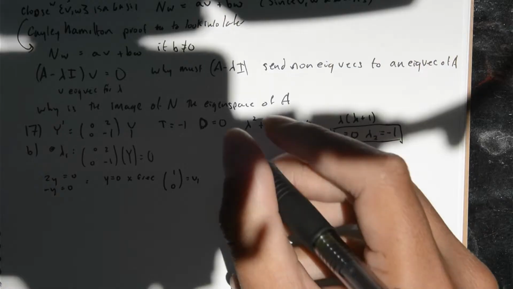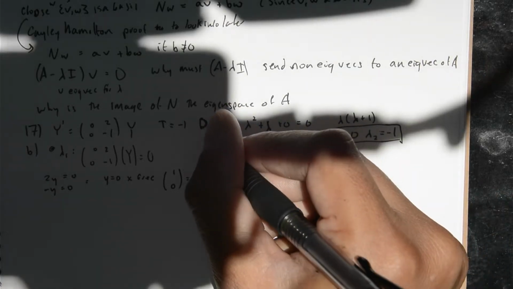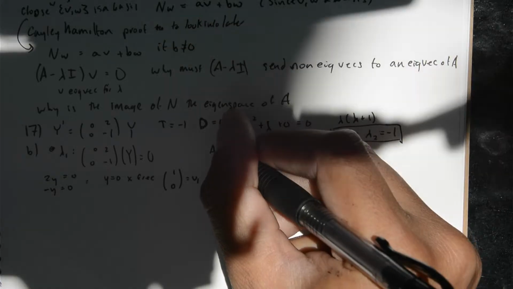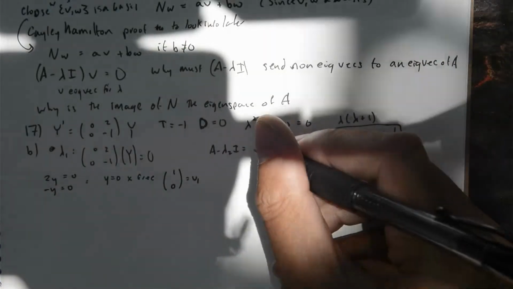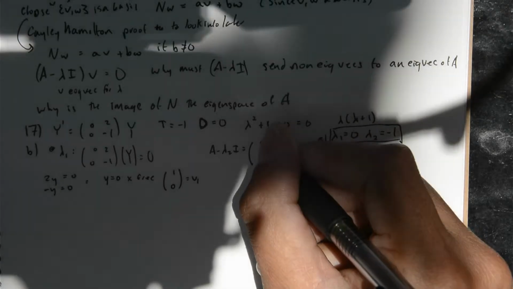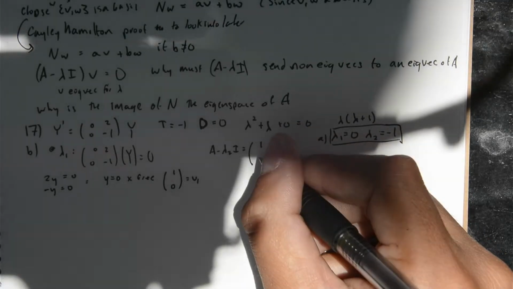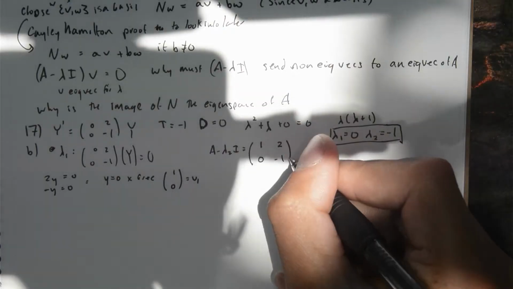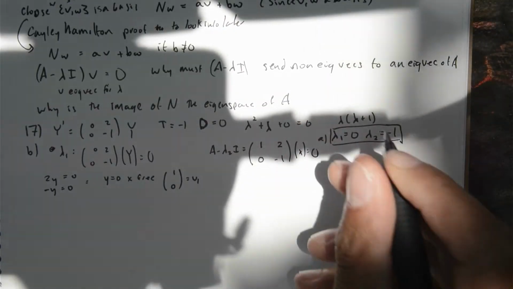Now, for the other one, this is going to be A minus lambda 2 I, which is equal to 0 minus minus 1. So this is 1, 2, 0. And this is going to be minus 2 plus 1 is minus 1. Times x equal to 0.